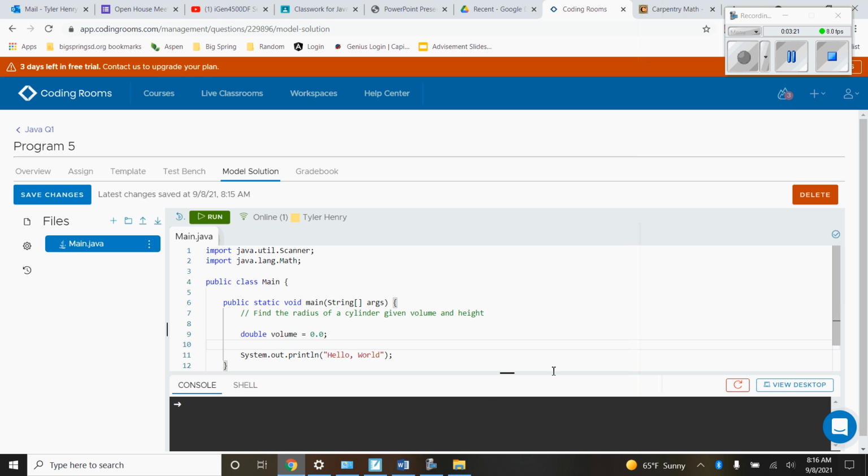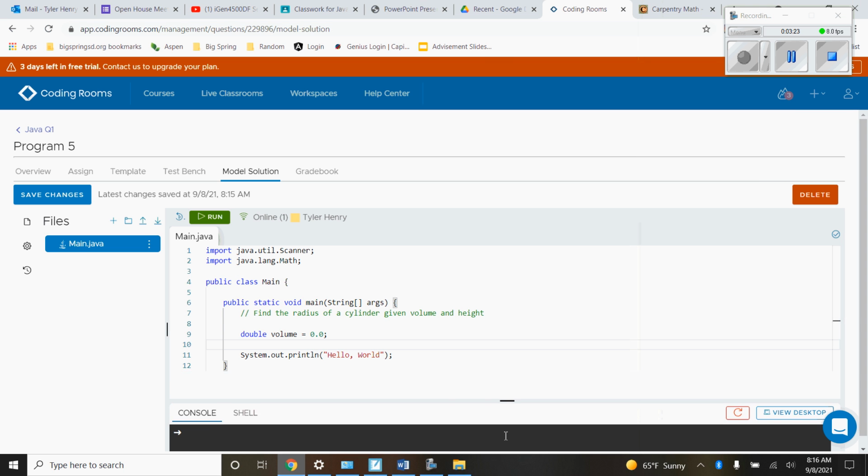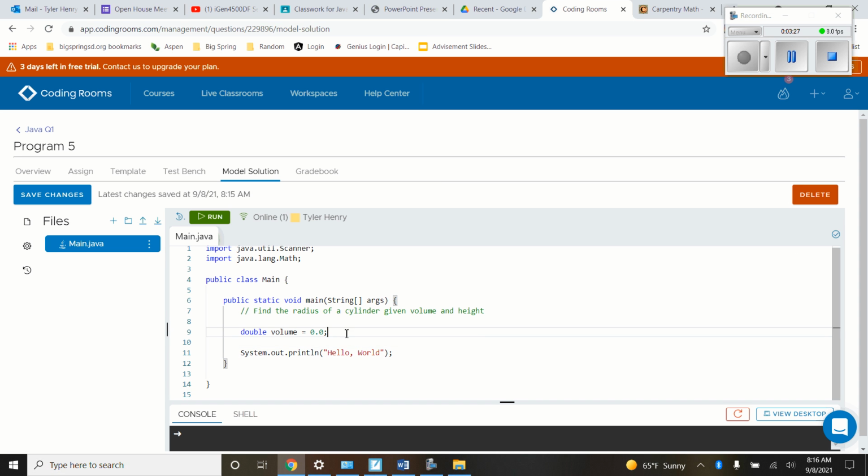All right, so I won't make it full screen, but we'll minimize this to try to make this a little bit bigger for now. All right, so I got the volume. So that's one thing they're going to input. They're also going to input the height. So I'll just call that height. Those are the two things they're going to input.